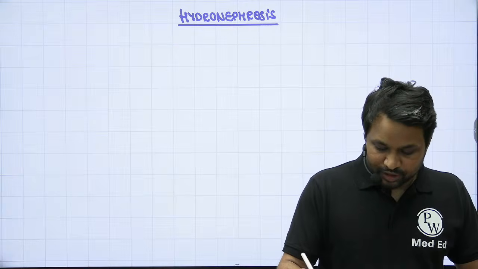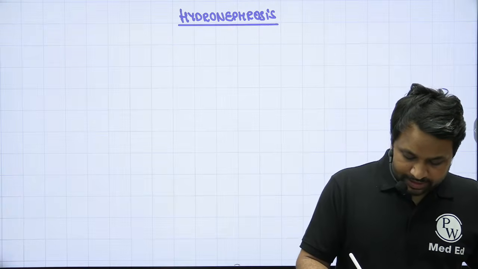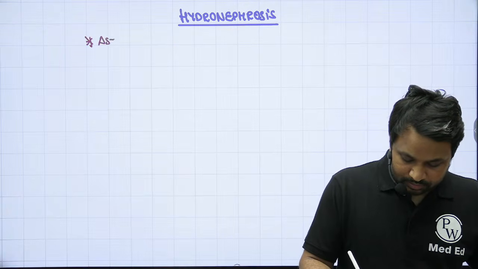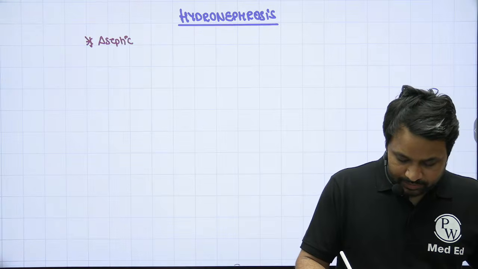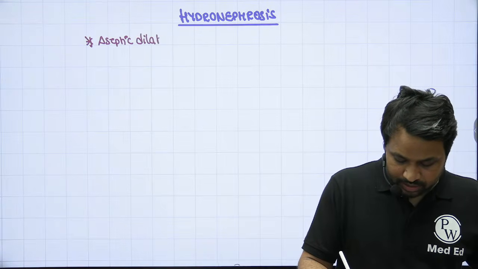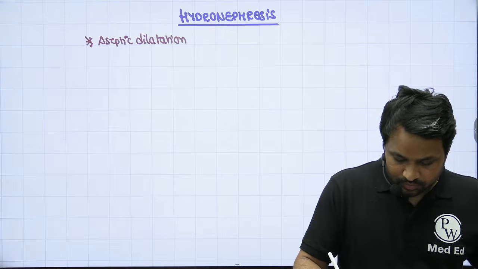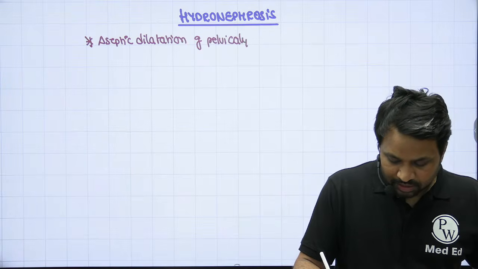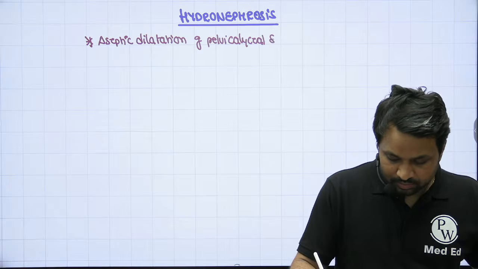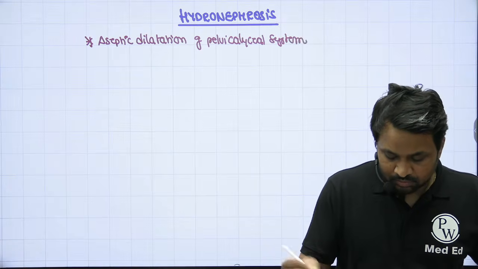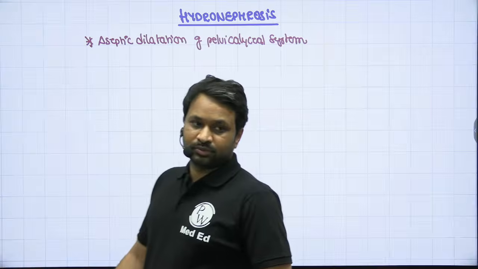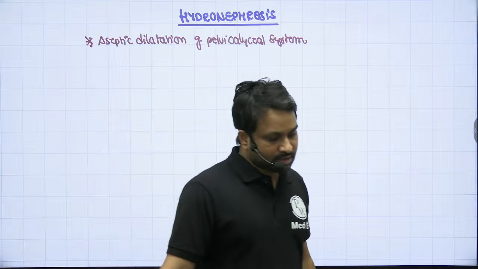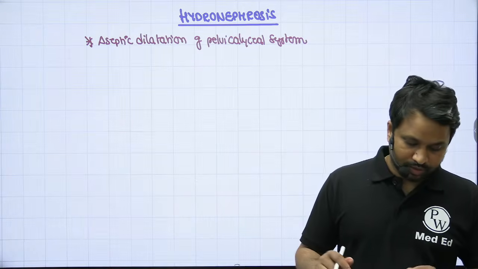By definition, hydronephrosis is an aseptic dilatation of the pelvicalyceal system. Is this what is called hydronephrosis, right?